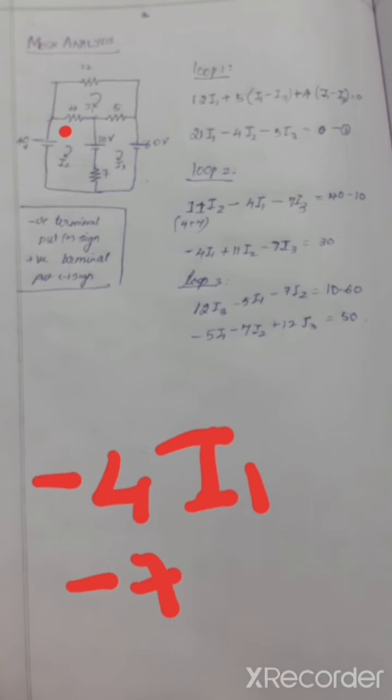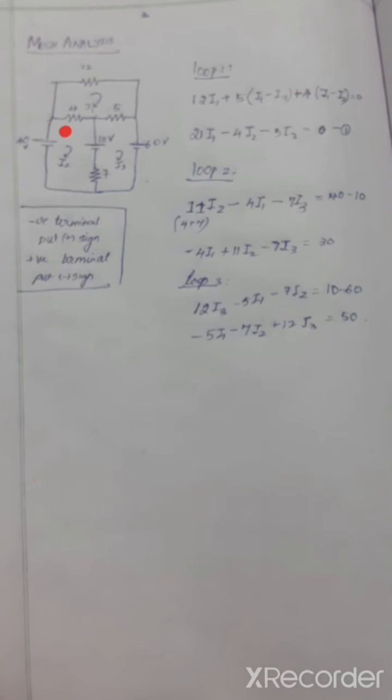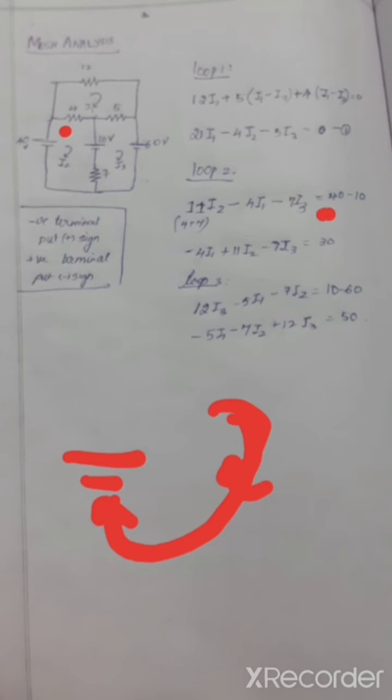Okay. So now how does this 40 and minus 10 come? As said already, you are traveling in clockwise direction, and you have positive and negative terminals of a battery. While traveling in clockwise, you first meet the negative sign. As I have said already, when you meet the negative sign, your value of voltage should be positive. So I have included just 40. Now let us see how minus 10 has come.